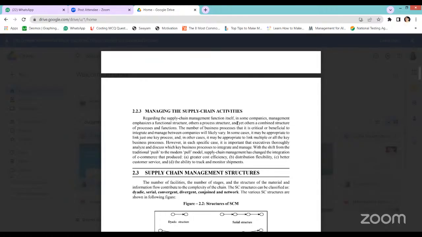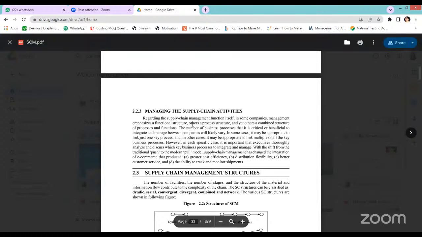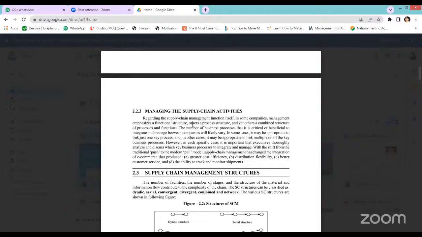Regarding supply chain management, some companies, after integrating, emphasize the functional structure. Some emphasize the process structure, and some go with both, process and functions.